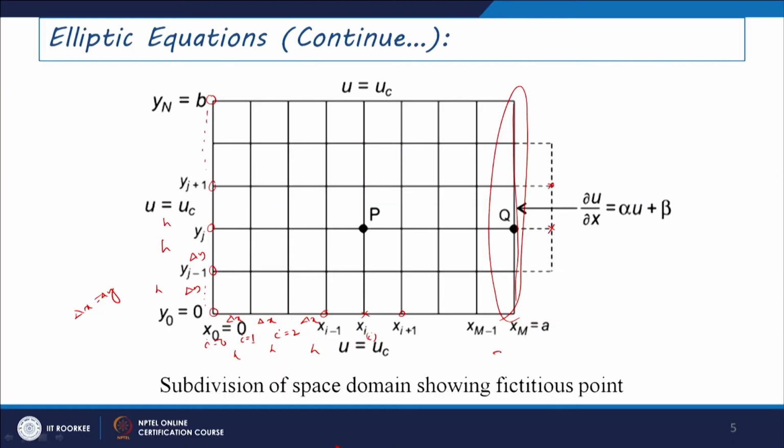That is why we can write xi equals x0 plus ih, or xm can be written as mh, the total distance. Since the starting point is 0, then h, then 2h, 3h, and so on, the final point is mh. Similarly in the y direction, we find the last node point as nh.